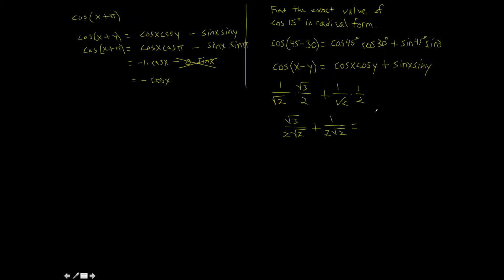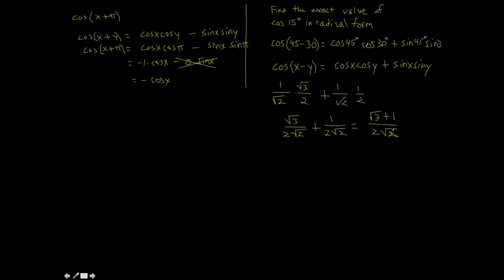We can write this as the fraction square root of 3 plus 1 all over 2 square roots of 2. Okay, so that would be a way for you to figure out what the cosine of 15 degrees is. And that's what it is. Square root of 3 plus 1, over 2 square roots of 2.